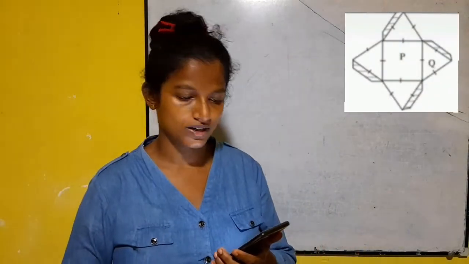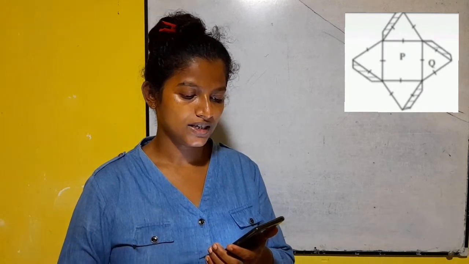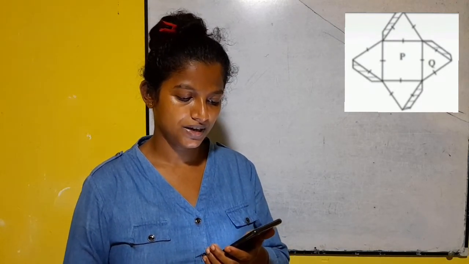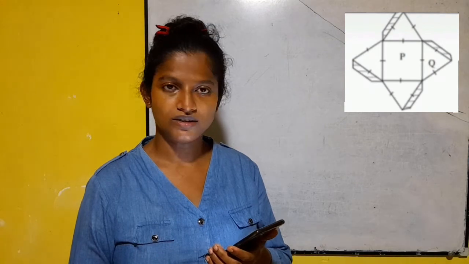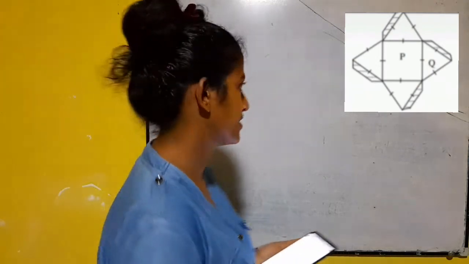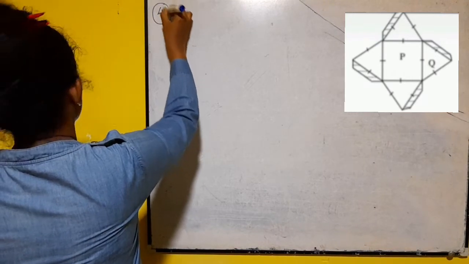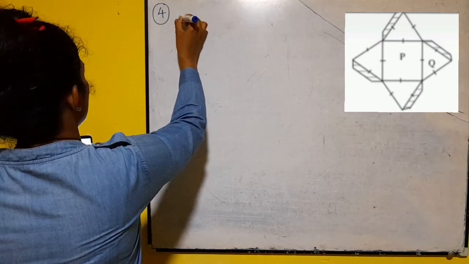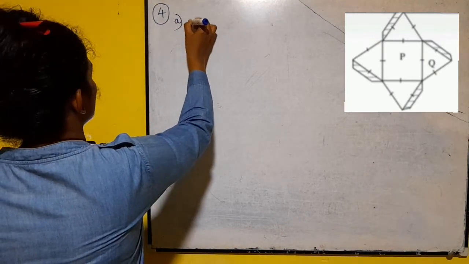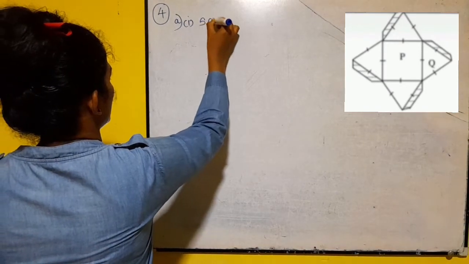Question number 4. You are given a net of a solid. A part, what is the solid that can be made by using the above net? The square pyramid is the answer.